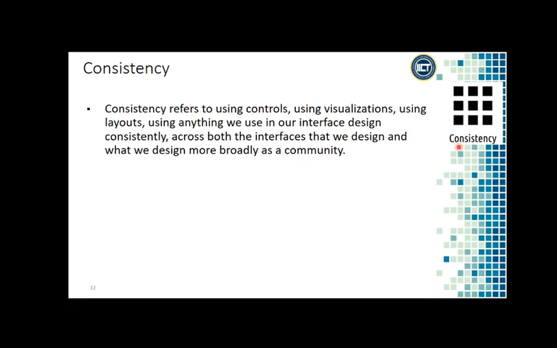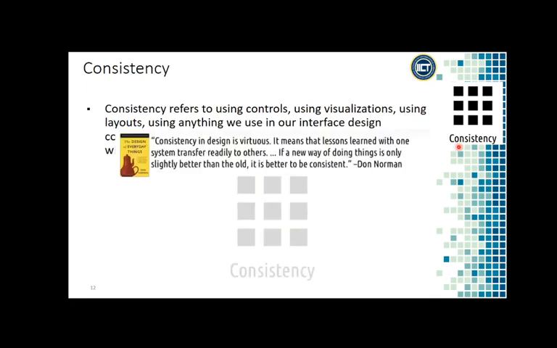So that is an example of consistency: we have to be consistent with designs which users are habituated to. Here Norman says that consistency in design is virtuous. It means that lessons learned with one system transfer readily to others. If a new way of doing things is only slightly better than the old, it is better to be consistent.